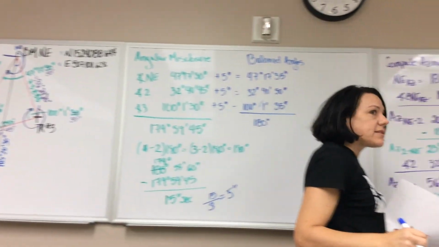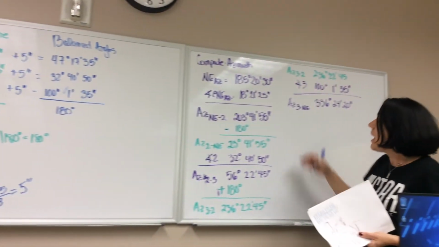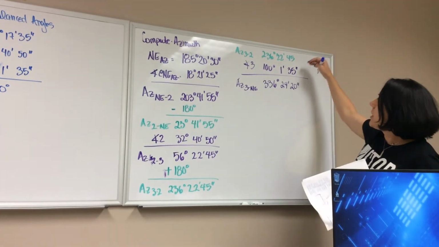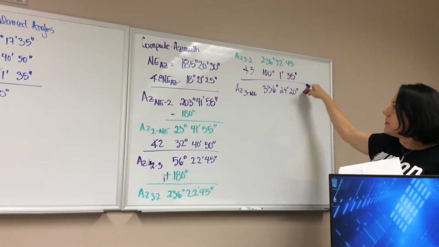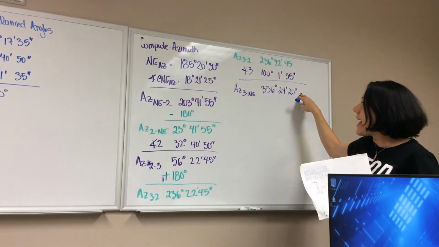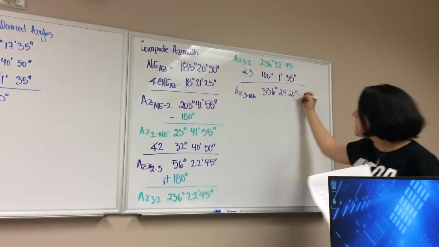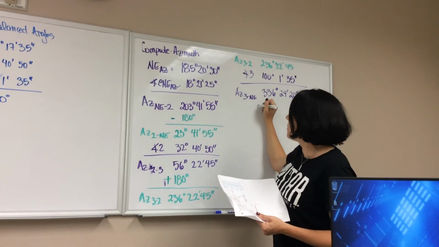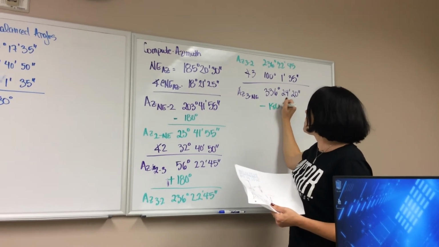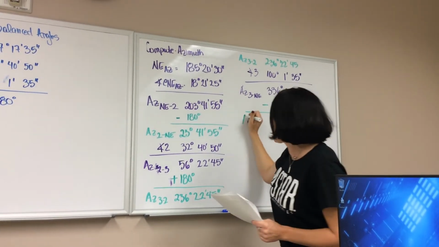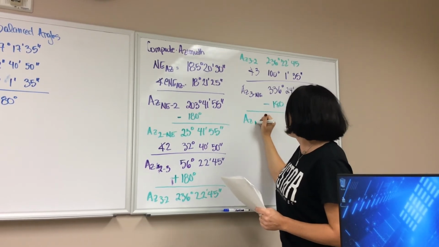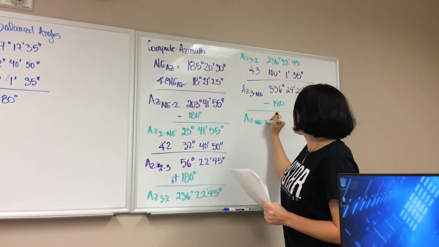Now, here's the nice part. Survey always gives us a check usually, checks and balances. Now, I have my azimuth, and I'm going to get a back azimuth. So it's 360. Do I add or subtract? Subtract. I'm going to subtract 180 to get the back azimuth, the AZ of northeast to 3.